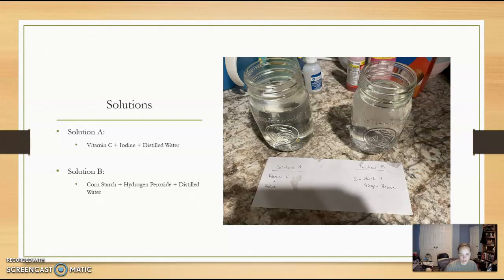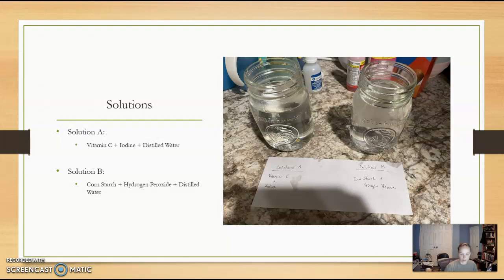The two solutions that I made were solution A, which consisted of vitamin C, four 500 milligram tablets crushed, and then added distilled water to it, drained it through a coffee filter so that the floating particulates that did not completely dissolve were filtered out in order to get that clear solution, and then added iodine in there.